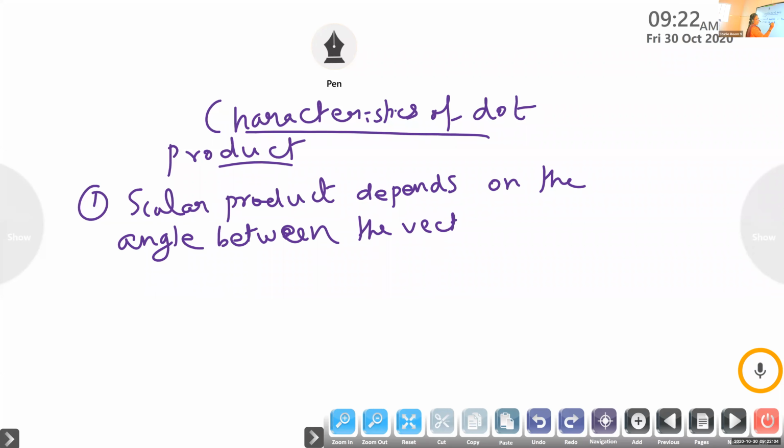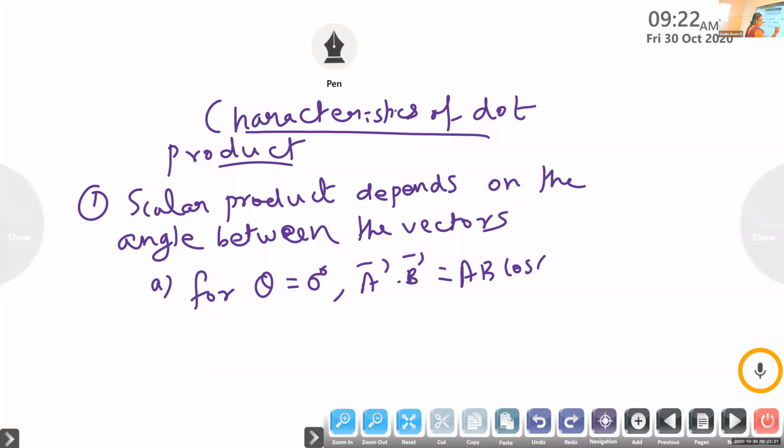So this is the theory. Scalar product depends upon the angle between the vector quantities. Therefore, first one, for theta is equal to 0 degree, A dot B is equal to AB cos 0. That is AB, because we know cos 0 is 1.